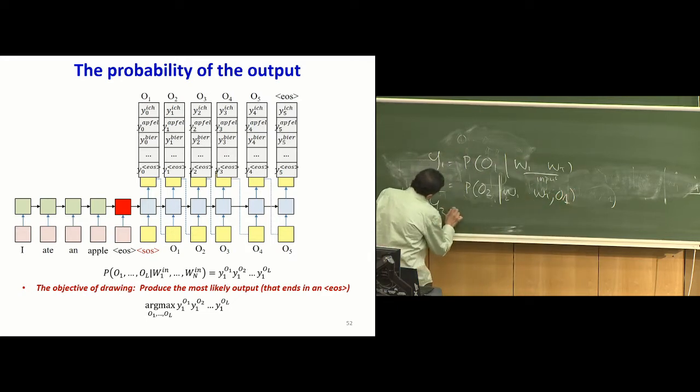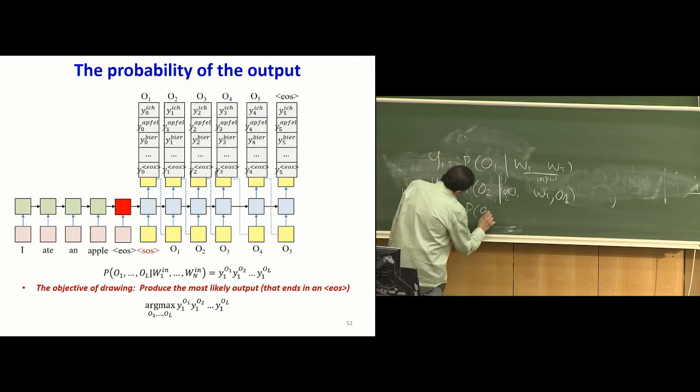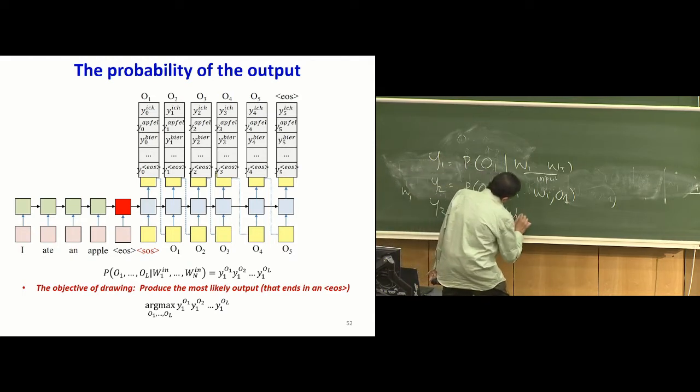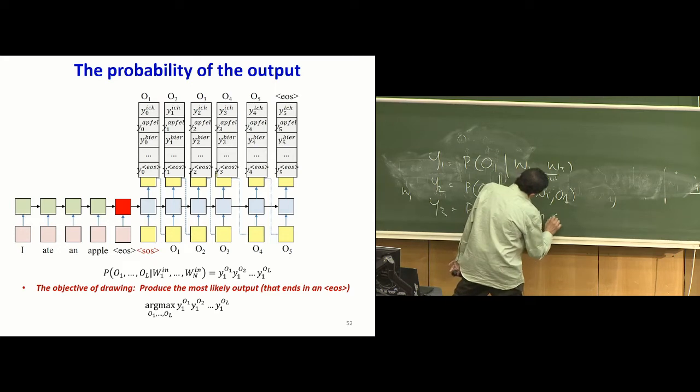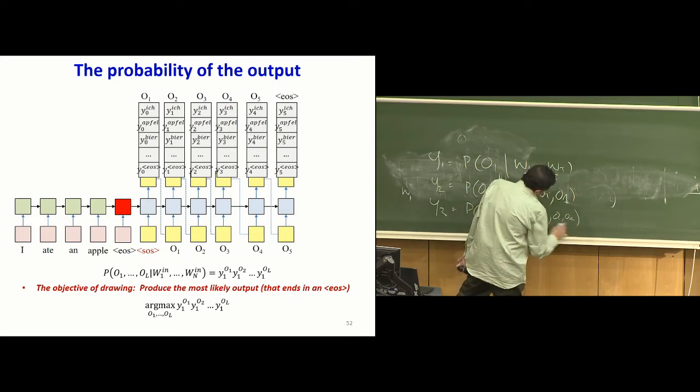Y3 is going to be the probability of O3 given W1 through WT and O1 and O2.